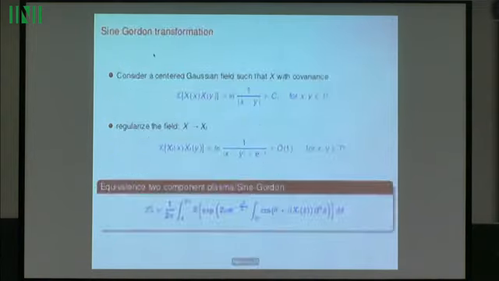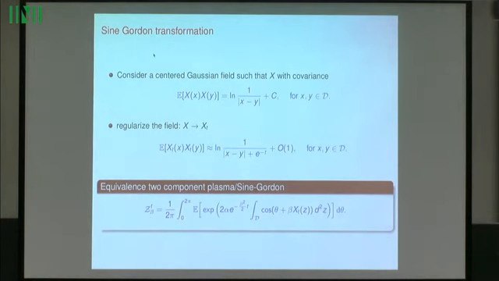So to study this model, there is a well-known transformation. You want to represent this model as a Gaussian integral. It's valid in any dimension. You are in a bounded domain G, and you look at a Gaussian field, a Gaussian distribution, which is correlated with a log.